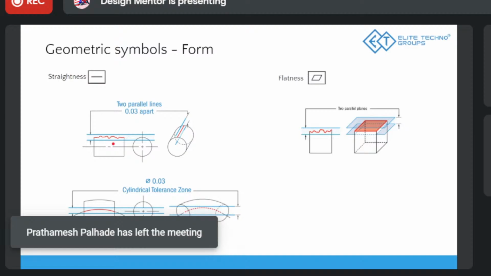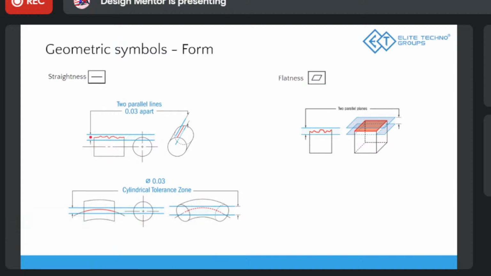So whatever the given dimension is, above that you will have two lines that are 0.03 mm apart, and the part should lie in between them. So it means it is straight.